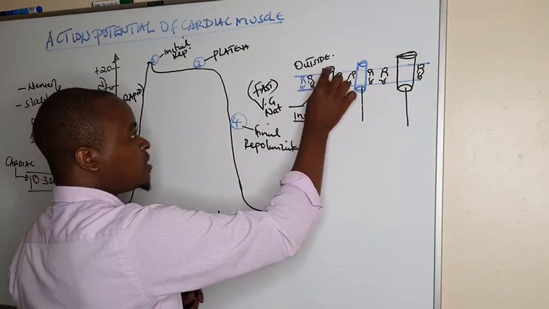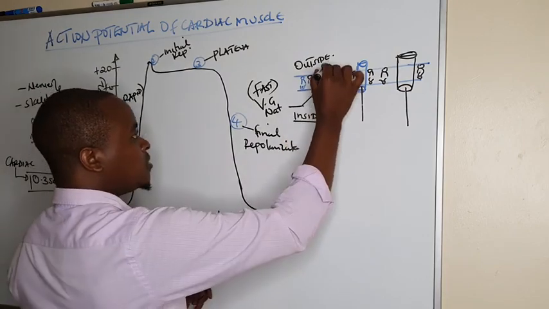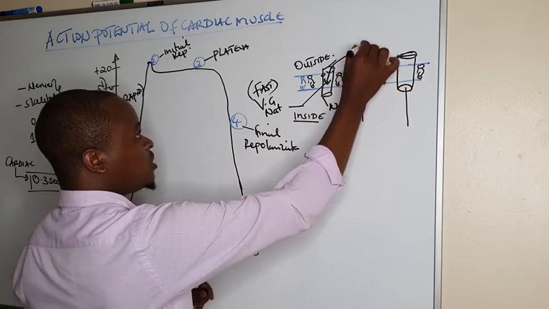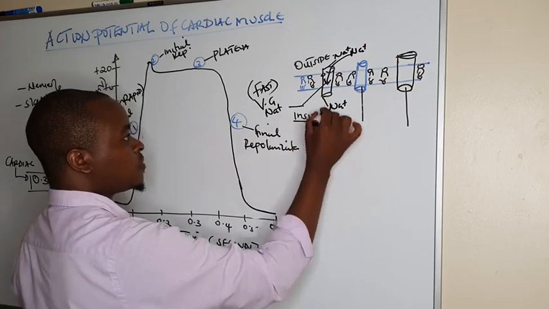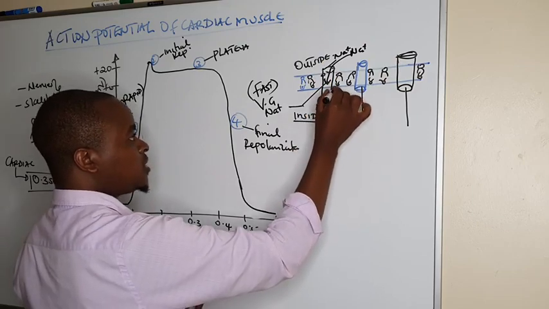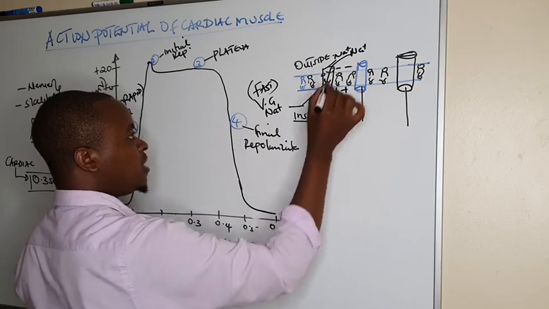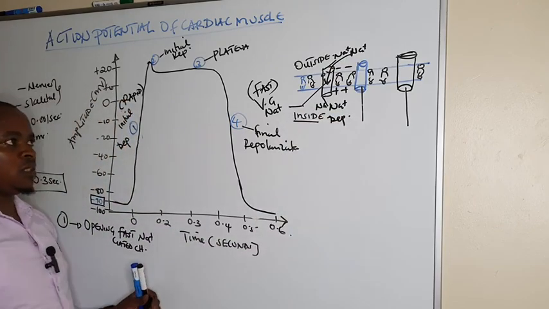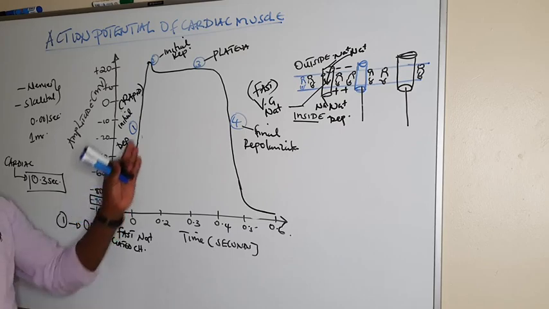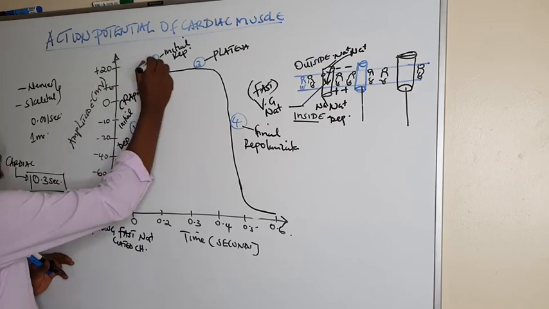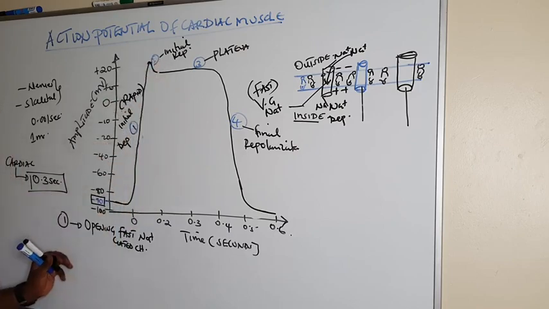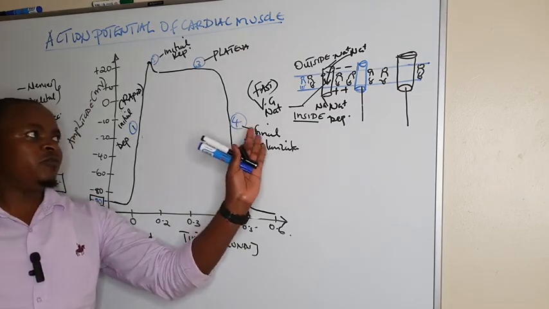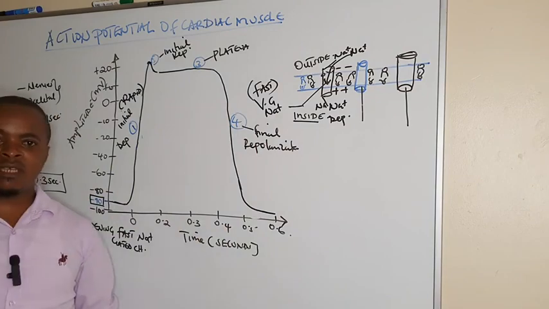So when they open this activation gate, there is influx of sodium ions which were initially outside the muscle. They enter inside, causing the inside to become positively charged and outside negatively charged. And this is what we call depolarization. So this initial rapid shooting of the action potential is due to opening of the fast acting voltage gated sodium channel.